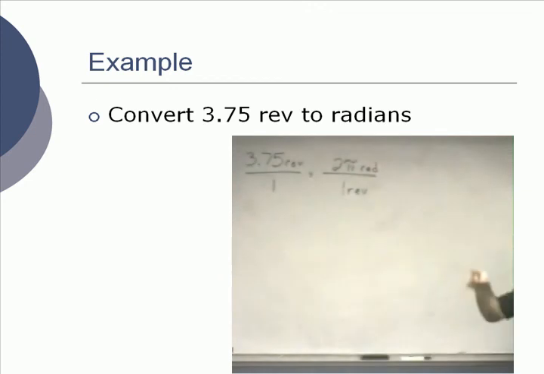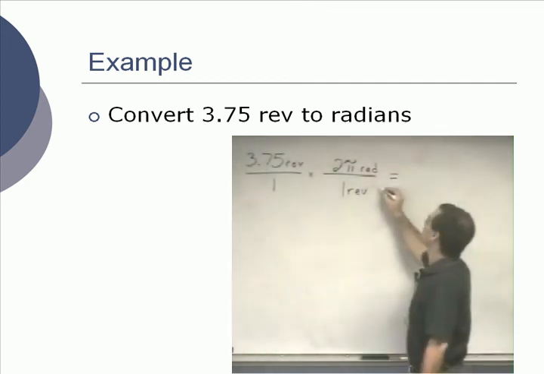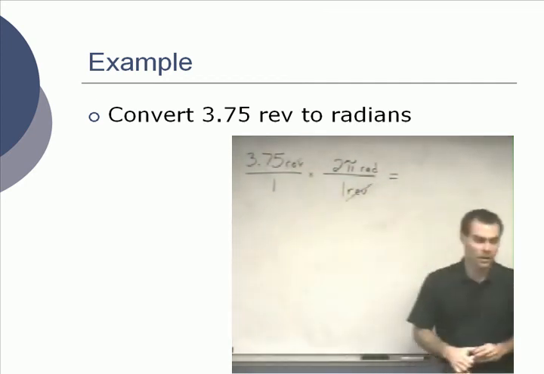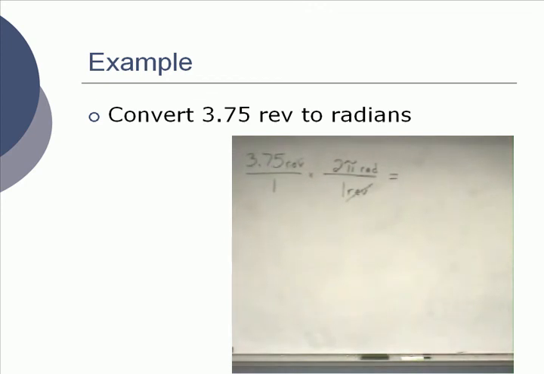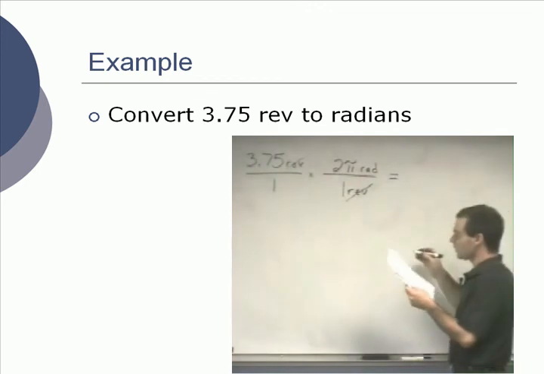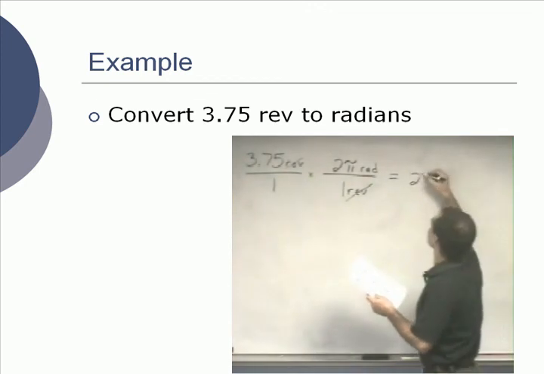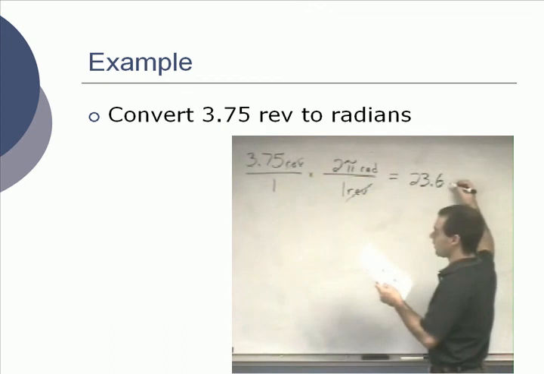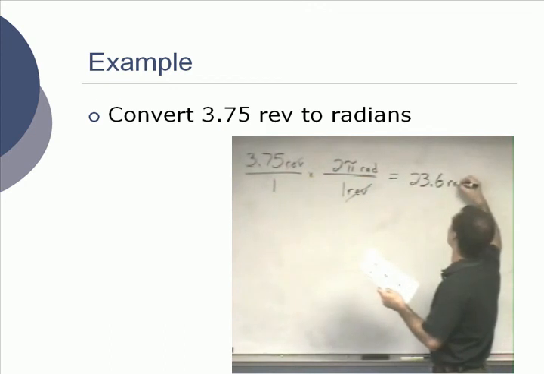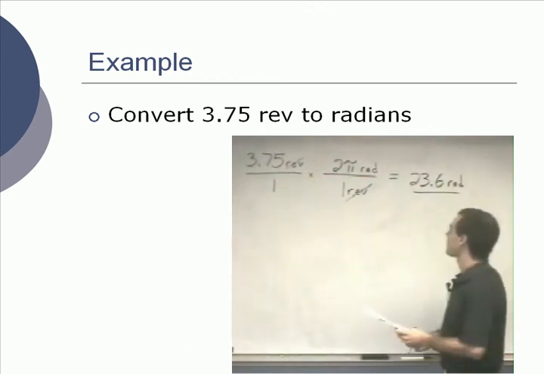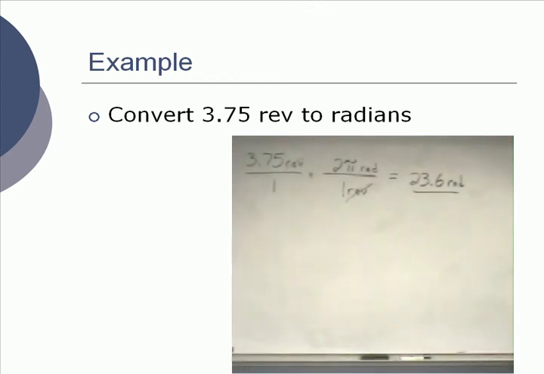A complete circle is 1 revolution, or 2 pi radians. We could use 360 degrees if we were going to degrees, but we're going into radians, and there's no need to use degrees as a middle step. Revolutions cancels off, and we're left with radians with 3 sig digs. 23.6 radians when we're done.